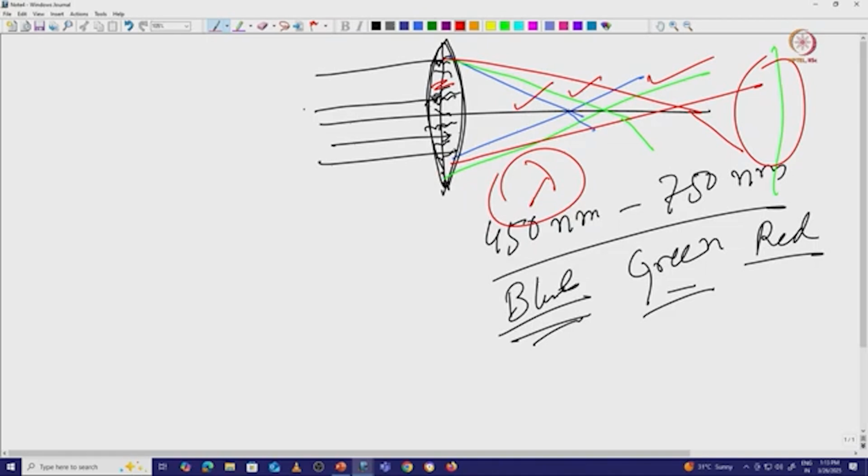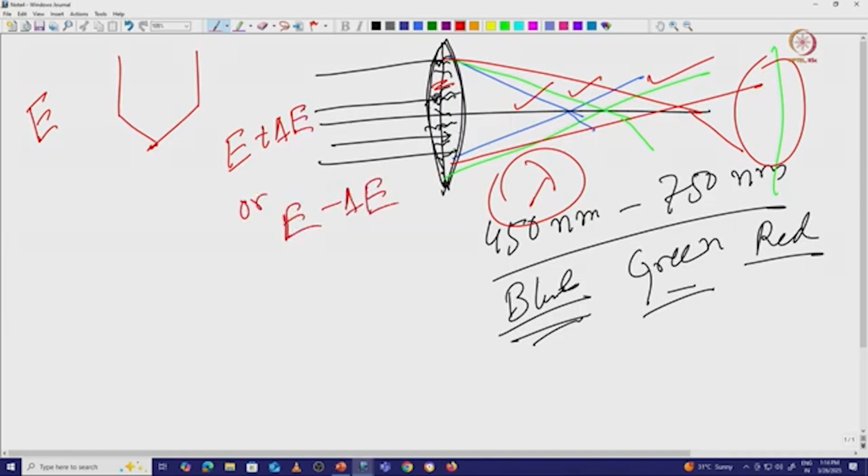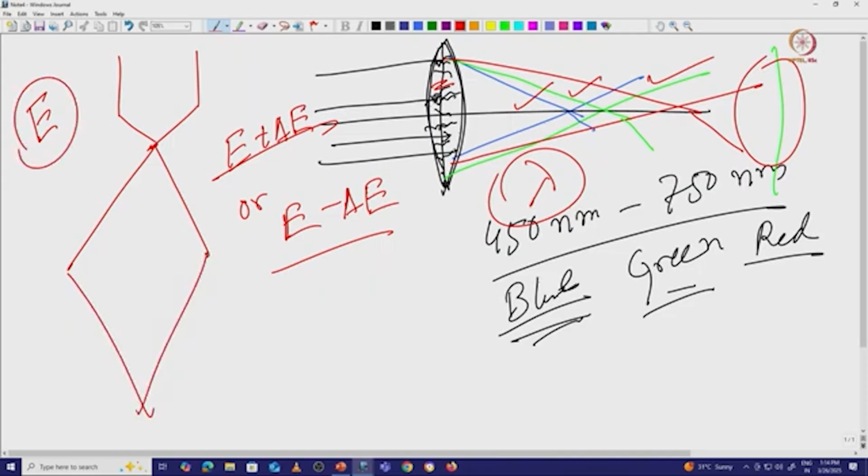In the electron microscope we are considering that all the electrons are coming to a particular point and all the electrons have the same energy, that is called E. Now, if some electron has some extra energy delta E, either plus or minus, then what will happen? We are considering all these electrons are merging at one particular point because this E is fixed, the energy of the incoming electron is fixed.